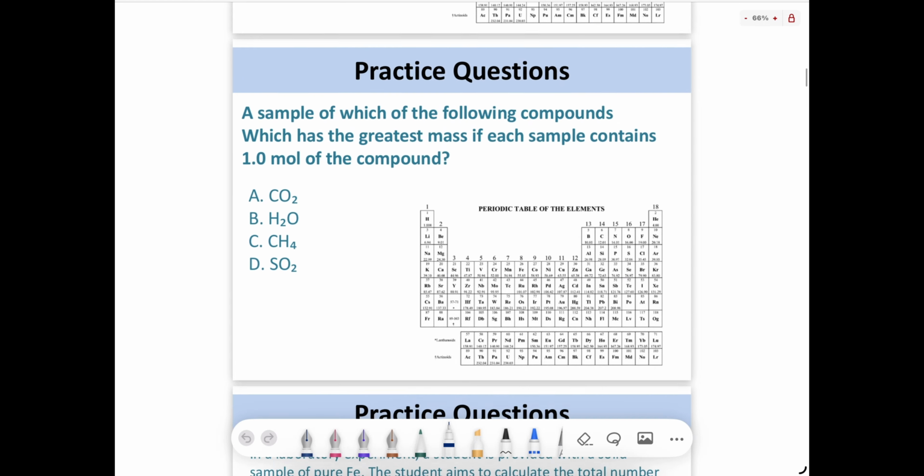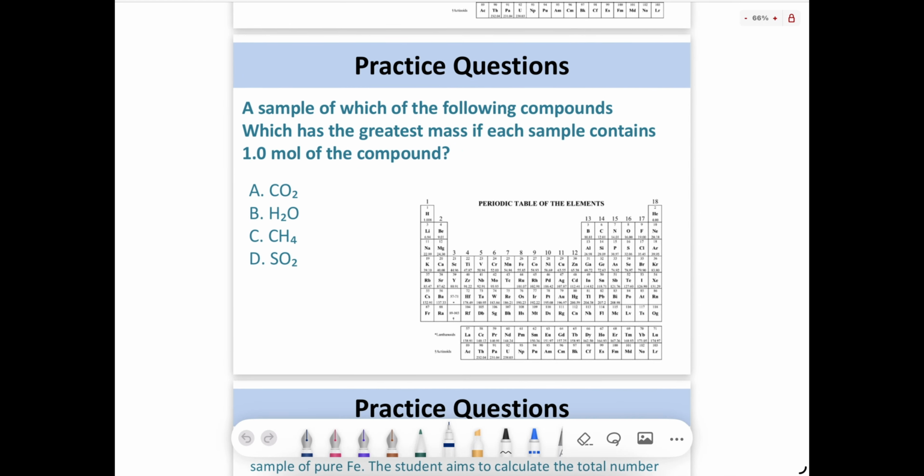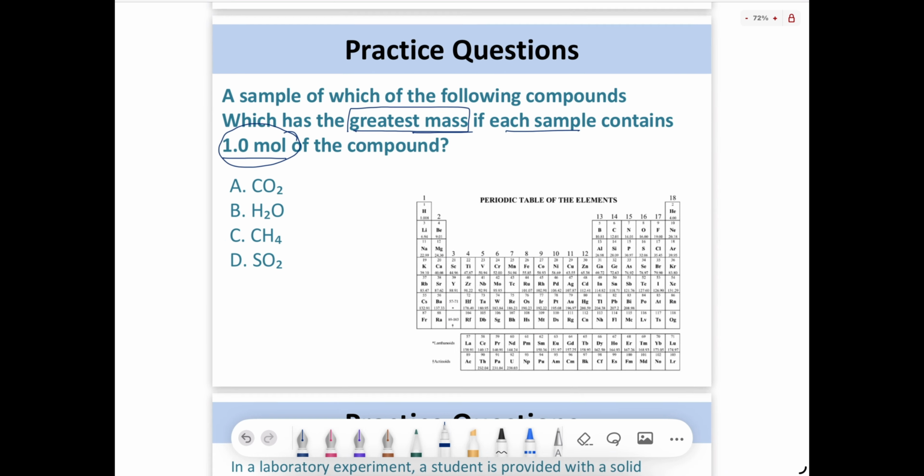Next comes, a sample of which of the following compounds has the greatest mass if each sample contains 1 mole? They are asking you about the greatest mass and all of them have 1 mole. So we will simply find the mass. How will we find the mass?